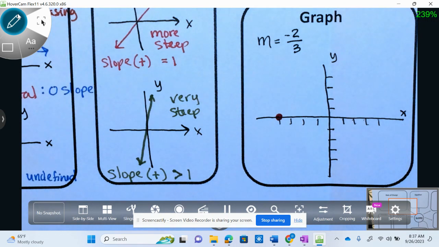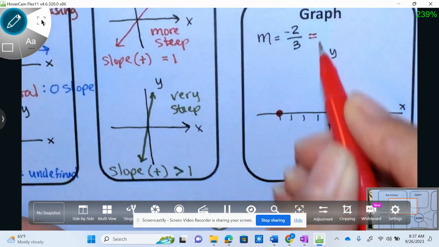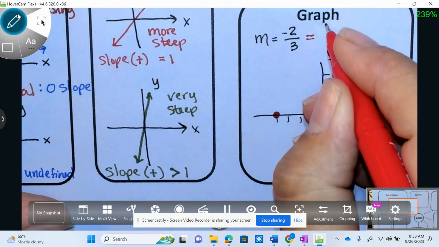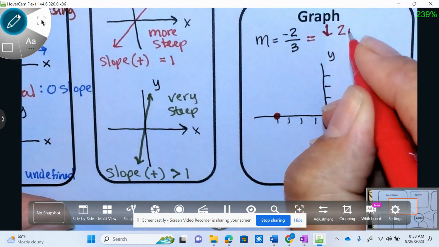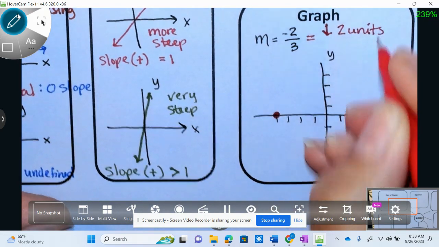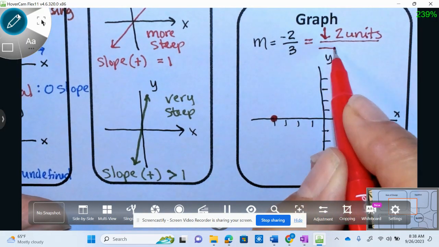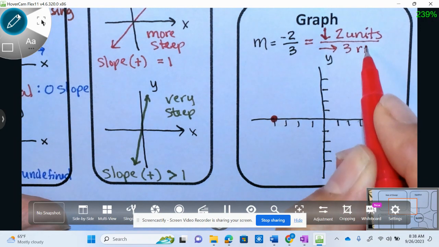So because it's negative, and when we count slope on a graph, we do rise over run. Because it's negative, what does that mean? It means my slope is negative, but am I going to go up to get to the next point, or am I going to go down? I'm going to go down 2 units, and then how much am I going to run to the right? 3 right.